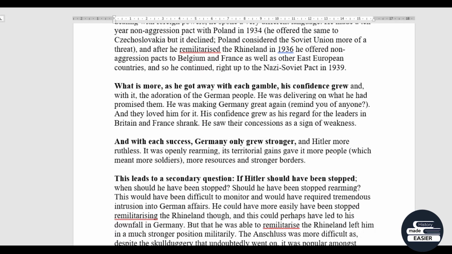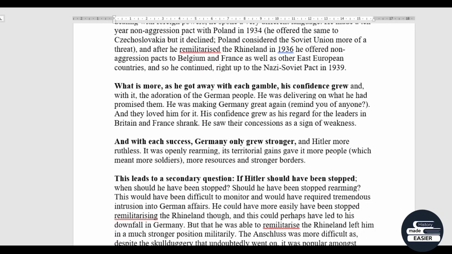And with each success, Germany also became stronger. It gained more defendable borders, it gained more people, and so more potential soldiers, and it gained a greater and greater ability to produce arms.